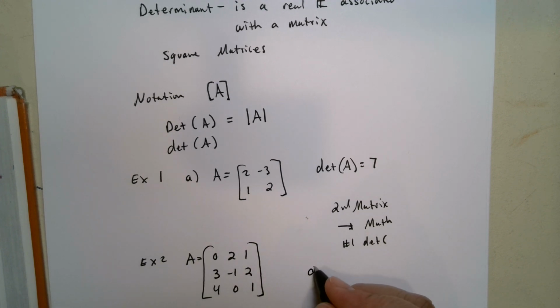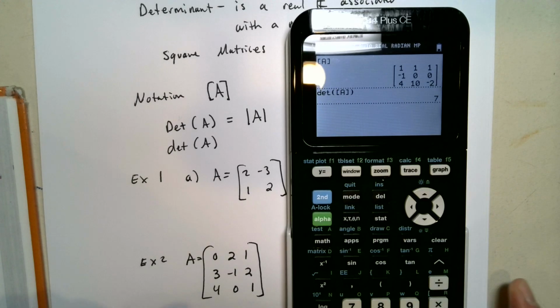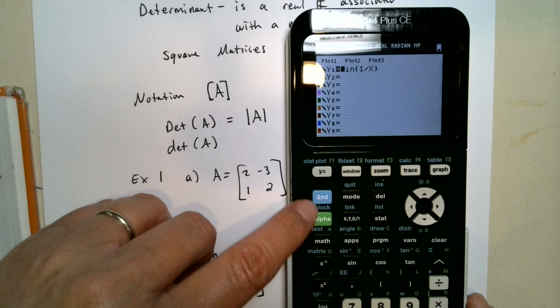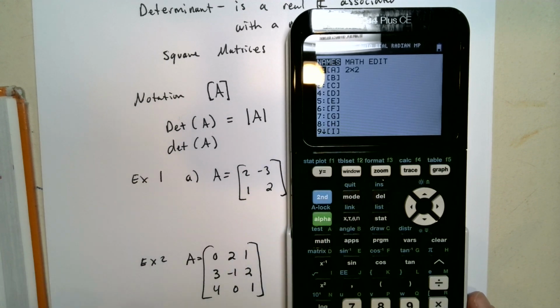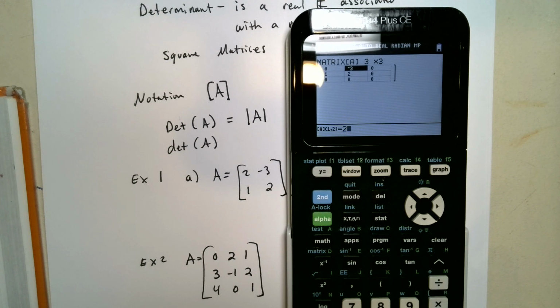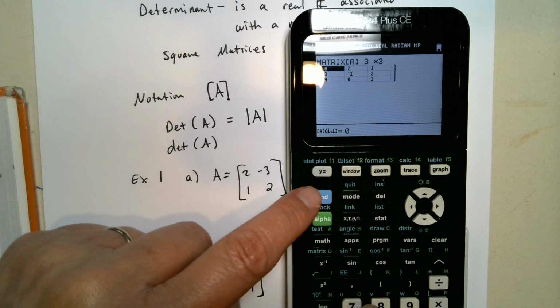So we want to find the determinant of matrix A. So I'm just going to go to second matrix. I'm going to put it in matrix A. 3 by 3, and I've got 0, 2, 1, 3, -1, 2, 4, 0, 1. All right, just double checking.